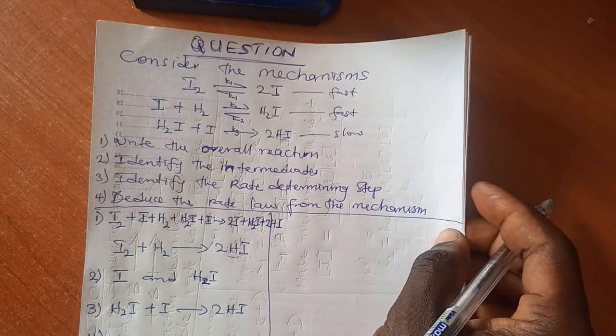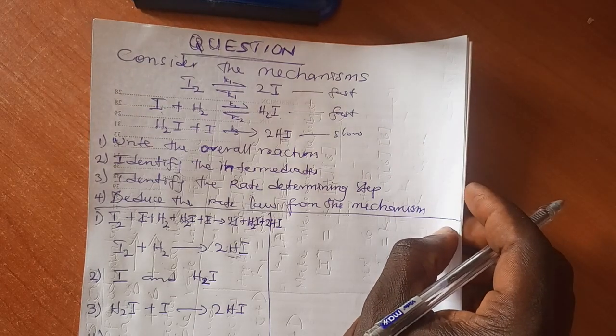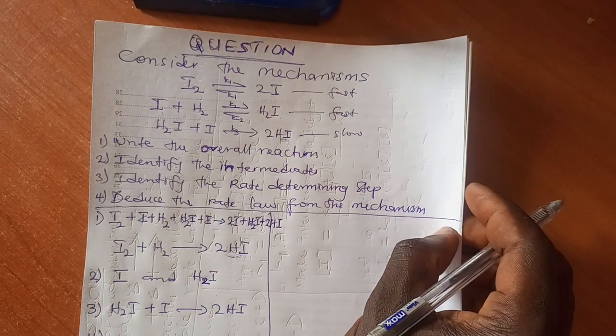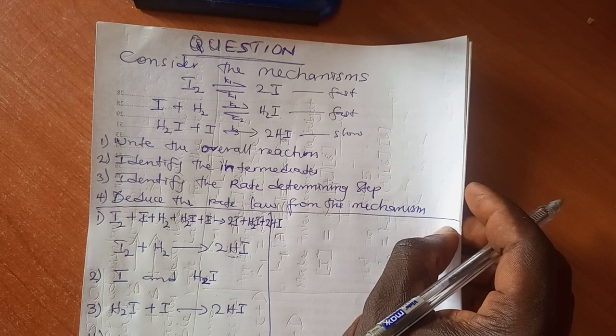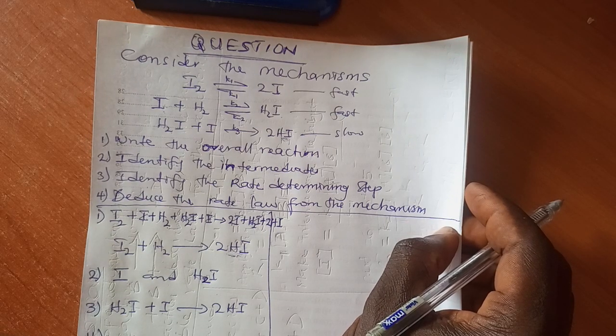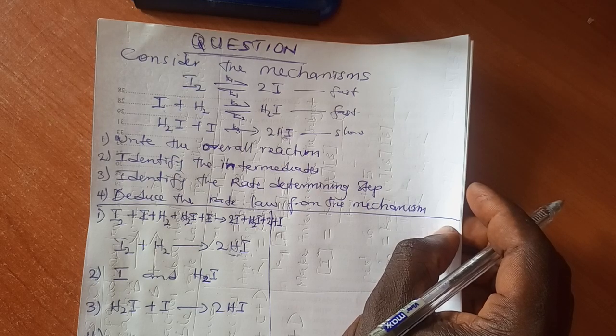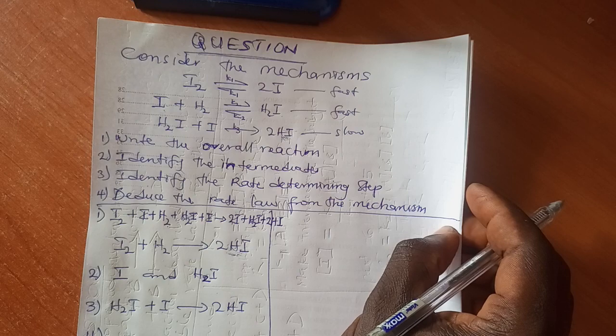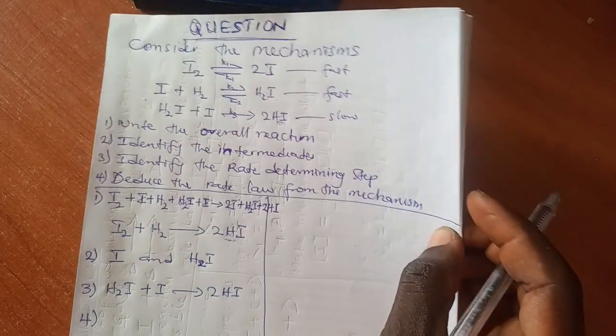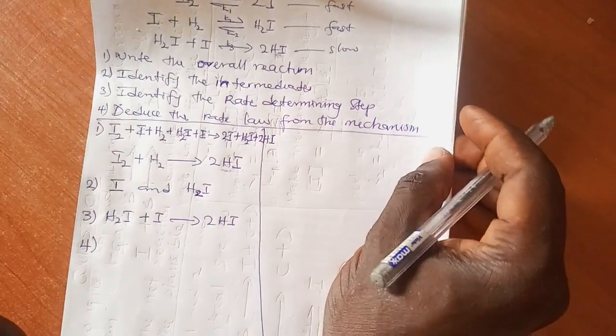When you are deducing the rate law for the overall reaction from the mechanism, you are going to write the rate law for each step.